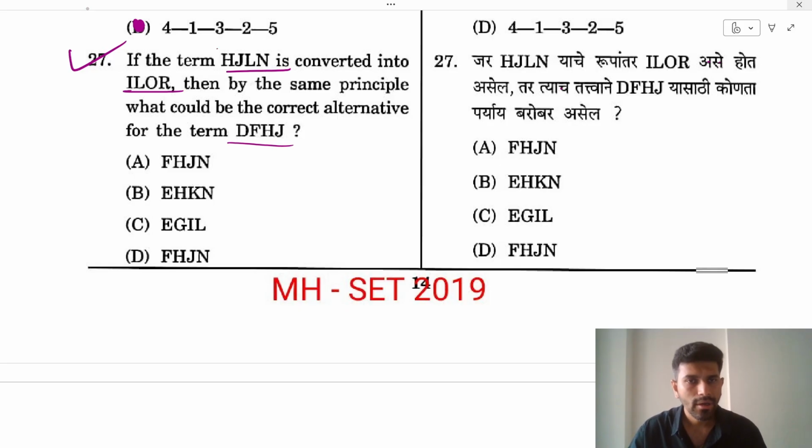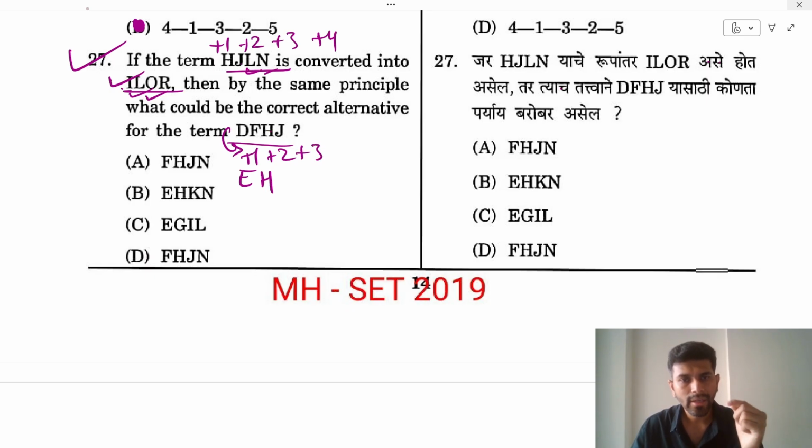So H plus 1 I, J के बाद plus 2 J K L, L के बाद plus 3 M N O और N के बाद plus 4 O P Q R. तो अप्लाइंग द सेम प्रिंसिपल, D plus 1, D के बाद आएगा E, F के बाद +2, G H, H के बाद +3, I J K, और J के बाद +4, K L M N. तो करेक्ट सीक्वेंस क्या होगा? ऑप्शन B, E H K N.